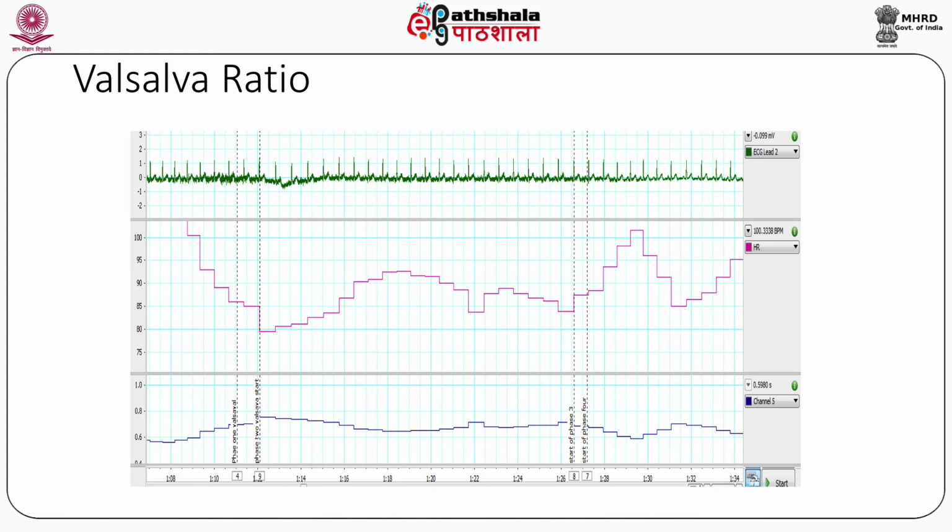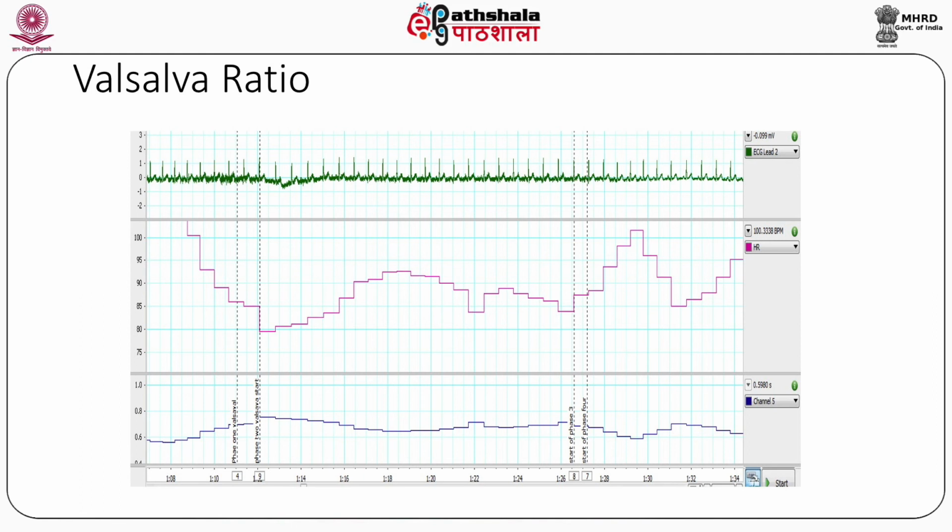And the valsalva maneuver has classically 4 described phases. So the first phase is the start of the maneuver, then the second phase is during the maneuver, and the third and fourth phases are at the end of the maneuver. What happens during the first phase is, because of a sudden constriction developed with a forced expiratory effort, the pulmonary vessels constrict, leading to a transient increase in venous return.